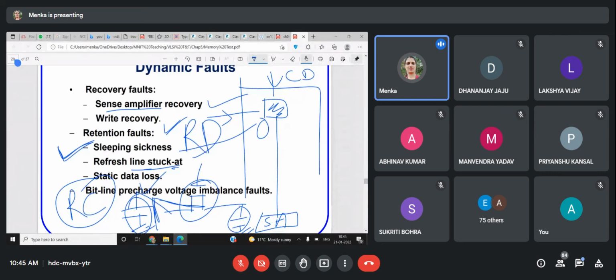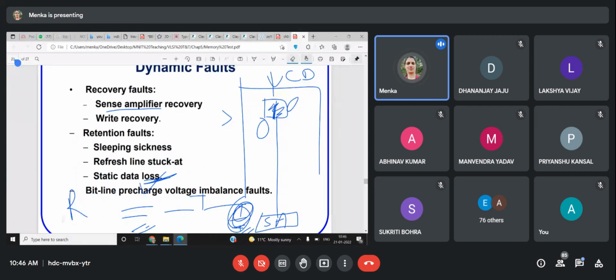So instead of VDD by 2, let's say it has stuck to either VDD or 0. Then this is going to create a problem. Static data loss means the data was either 1 or 0, and now because of this it is not getting the correct output. So these are the retention faults. Bit line pre-charge voltage imbalance faults.